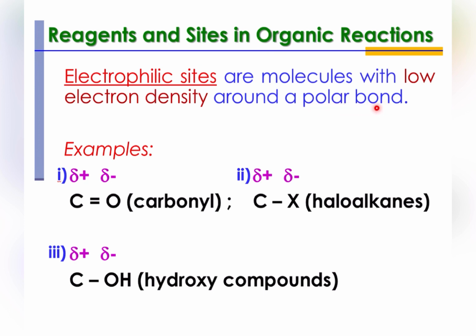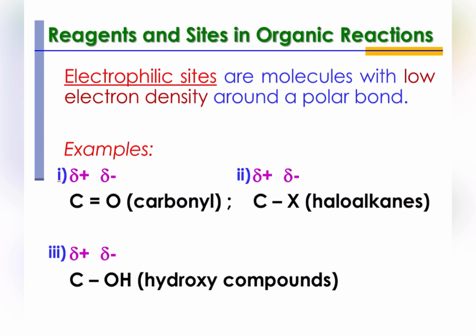If the molecule has a difference in electronegativity between carbon and another atom such as oxygen or halogen, you can see that there is a polar bond between those atoms, and of course there will be a difference in electronegativity between the two atoms I mentioned before.